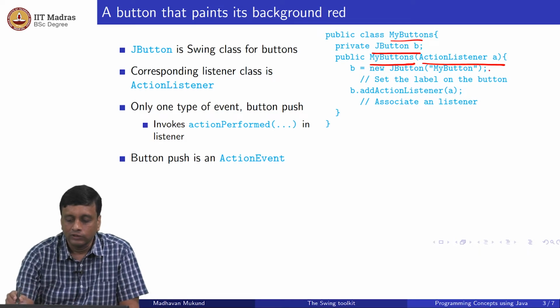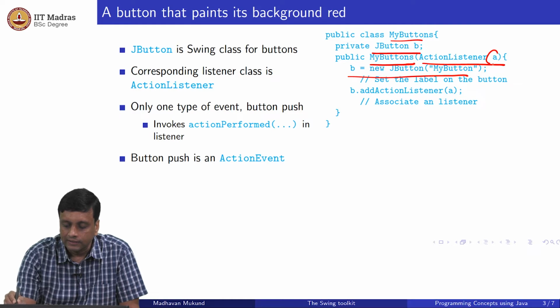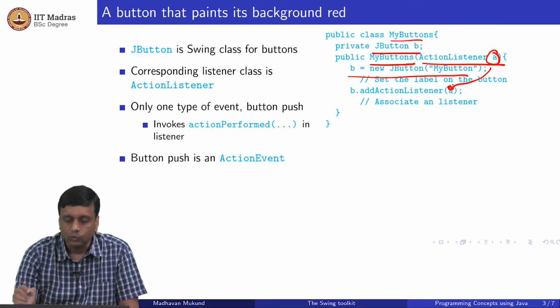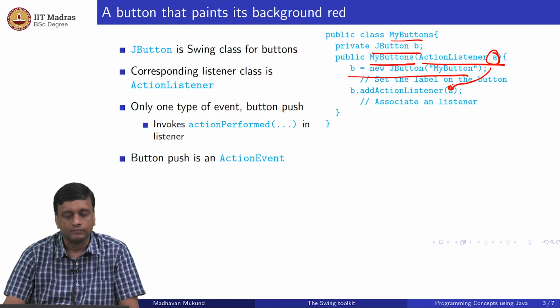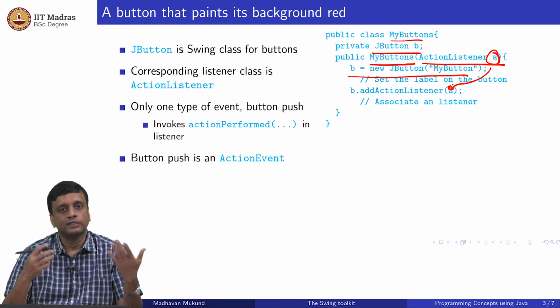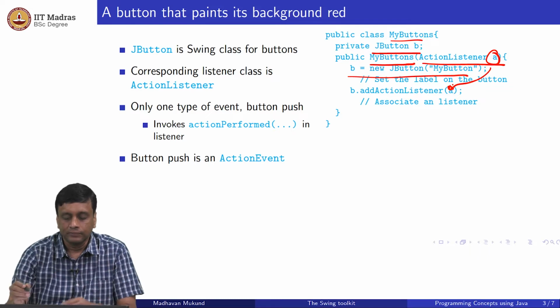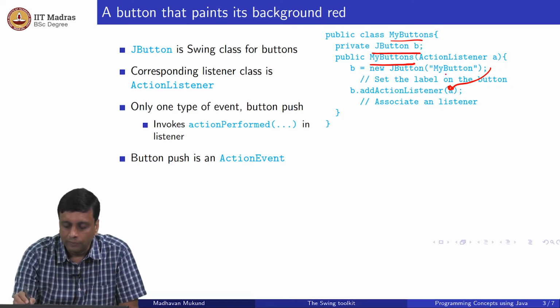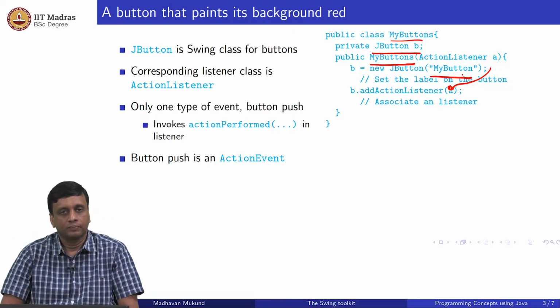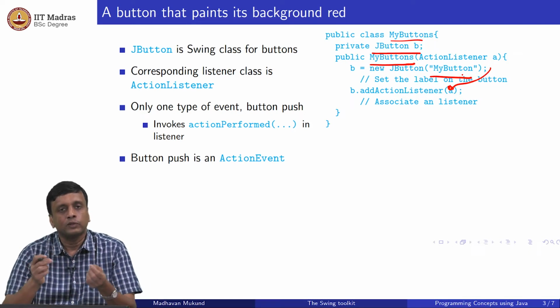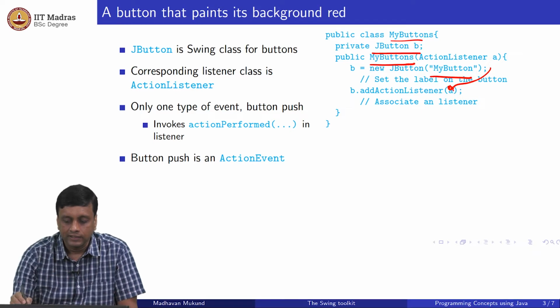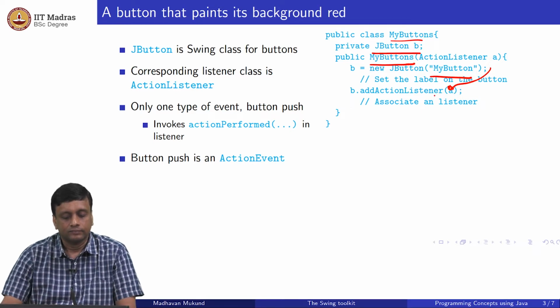And what this will do is it will set up the new button and it will add the action listener that is passed to that button, saying this button is now connected to this particular action listener. So when I create a button, I need to set up something. So here, for instance, this is a property of the button. What will the button display? It displays the words "my button". And what will the button talk to when it is pressed? That's given by this addActionListener.